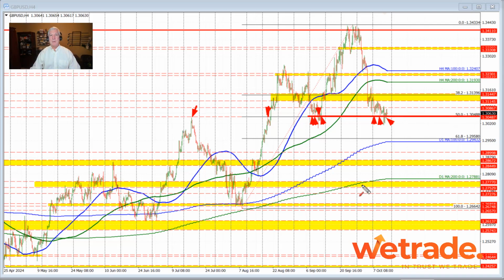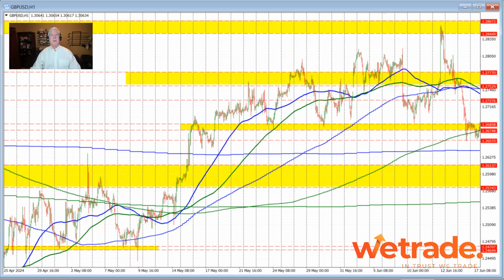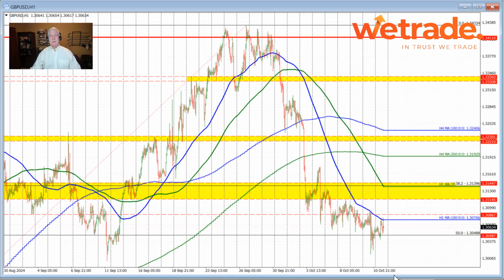We're going to need to move below that level to increase the bearish bias in this current currency pair, so be aware of that. What is also interesting is if we take a look at the hourly chart, look at how the 100-hour moving average has found resistance sellers against it, not only yesterday, but today, as the consolidation and the corrected move happened here, the moving average caught up with the price.